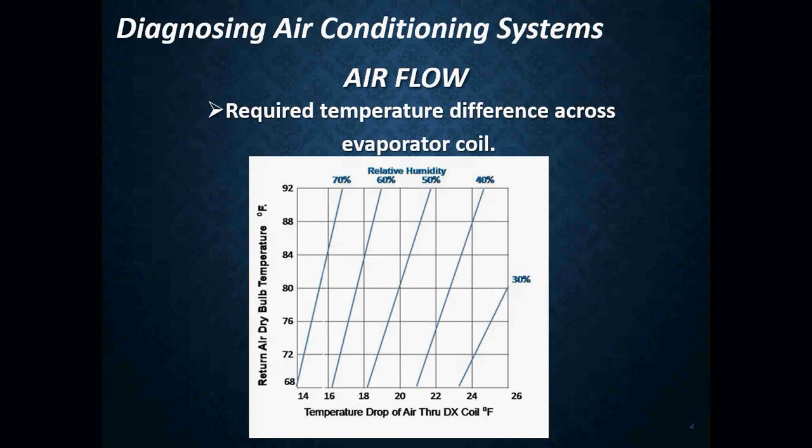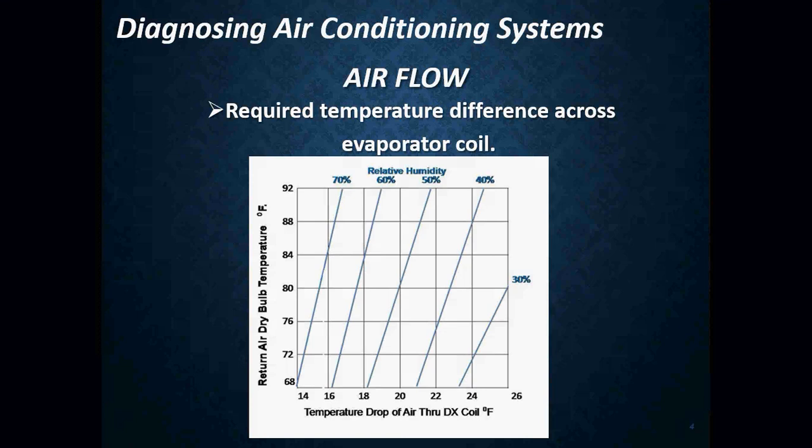Okay, so some of your air handlers will have a chart like you see here, where it's basically taking a return air dry bulb temperature, which is basically the room air, and measuring your relative humidity within the air. So in order to take that measurement, the mechanic has to have a psychrometer with him.